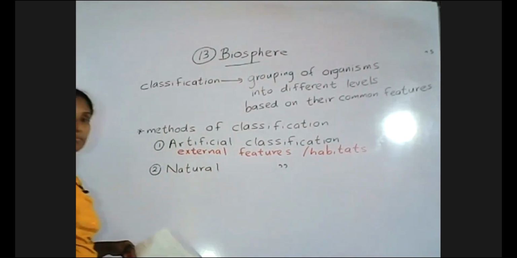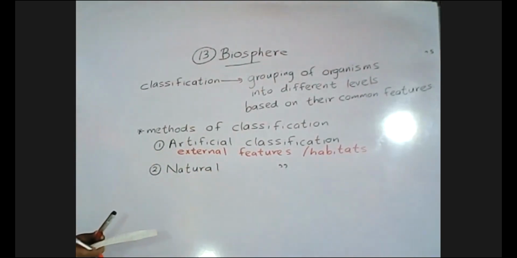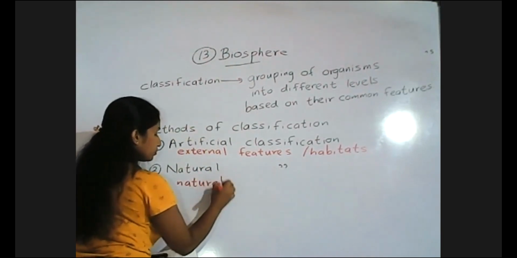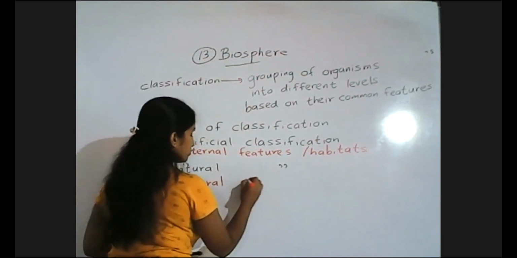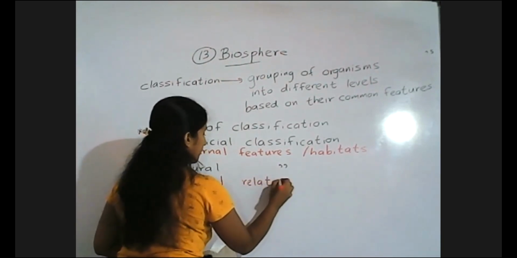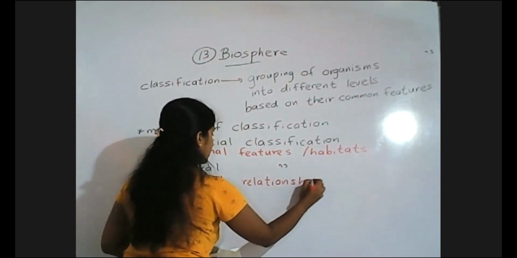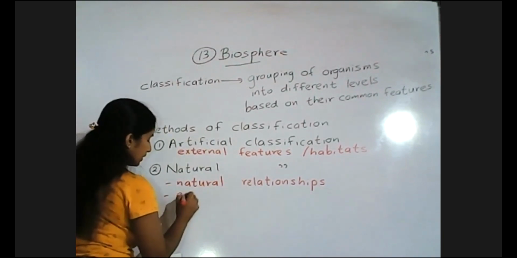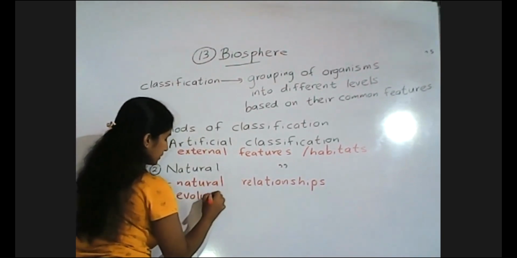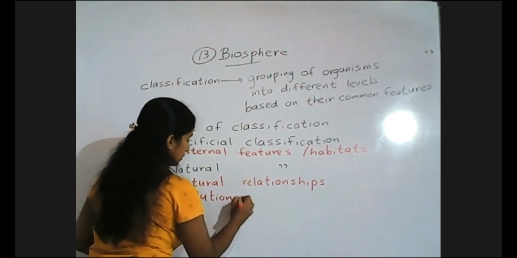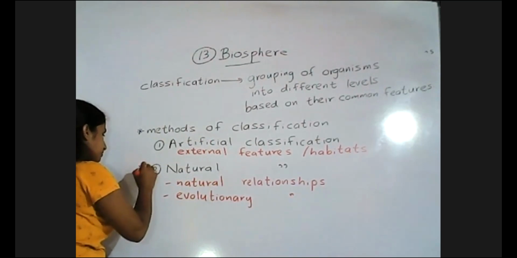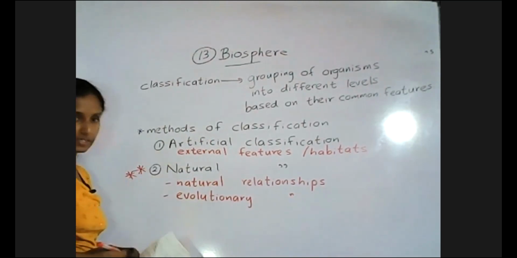But in natural classification, we use the natural relationships among the organisms. Or we can say in natural classification, we use evolutionary relationships, right? So the best one is the natural classification.